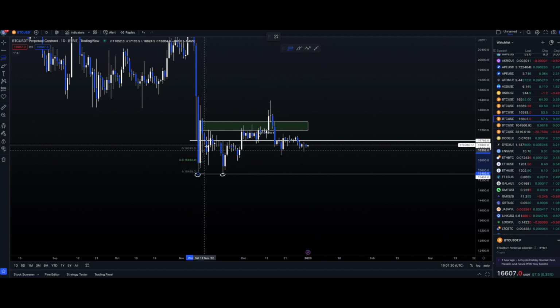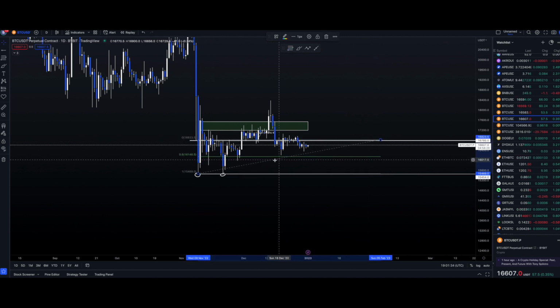You can also draw a fib retracement, which will give you the midpoint of that range. It's roughly around 16.2. And that's an easy technique as well. If you ever want to just identify a range, drag it from the bottom of a support to a resistance level that we're consistently trading in.